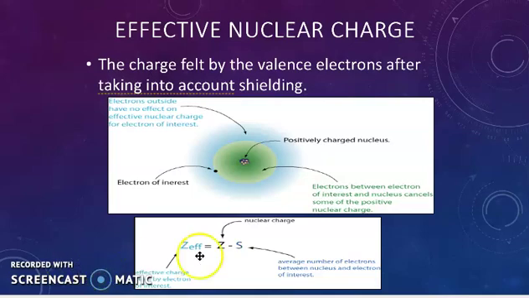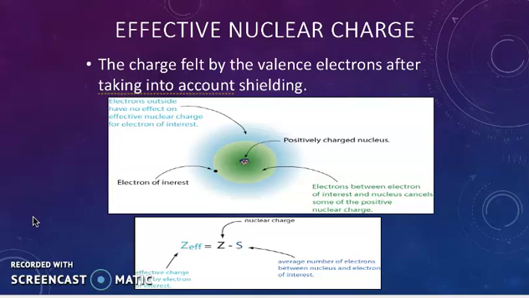So if you have that case, you have a less charge that's going to be pulled on you because there are those electrons between the nucleus, which is positive, and the outside electrons. The electrons between there are going to be pushing those outside electrons out. So electrons outside have little effect on the ones between.